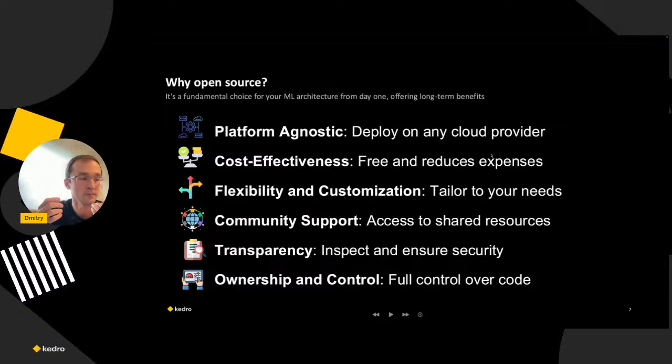Why is it important? Right now on the market, you have a lot of solutions where you can start building machine learning products quite easily from day one. Many cloud services provide them, like AWS SageMaker, Google Cloud Vertex AI, and Azure ML.